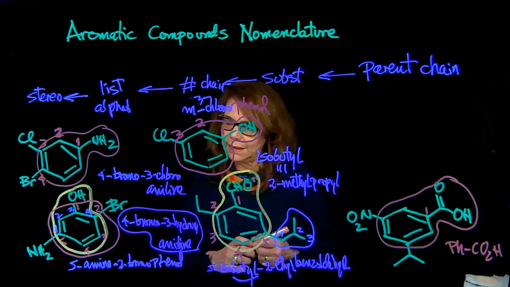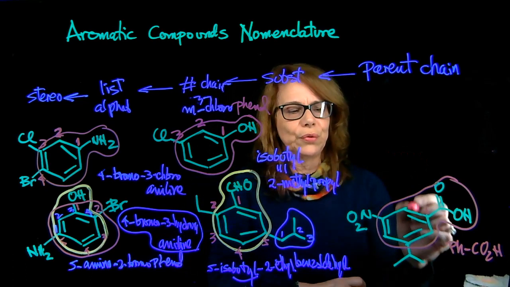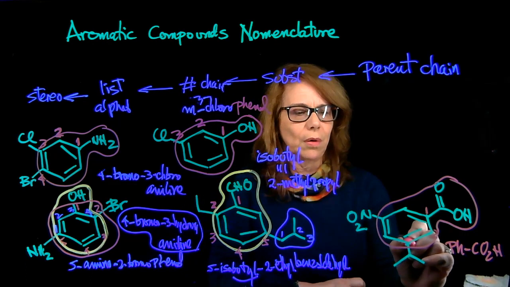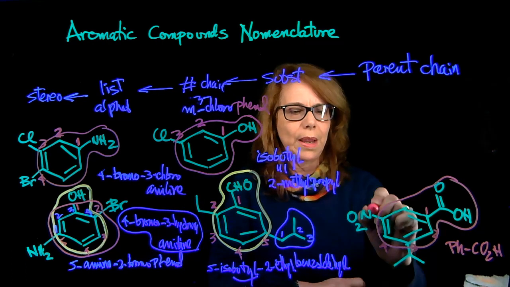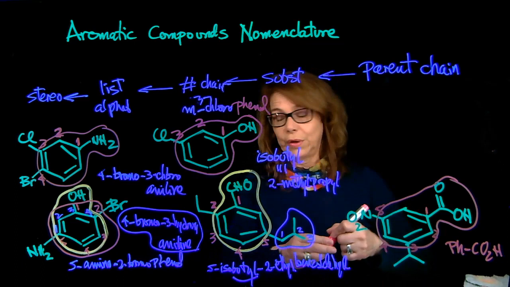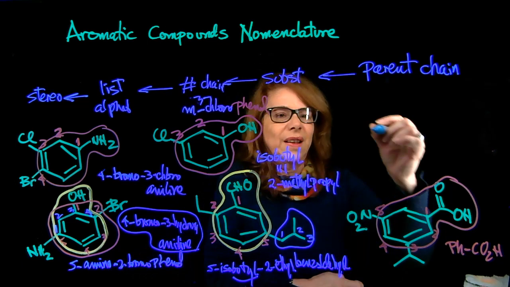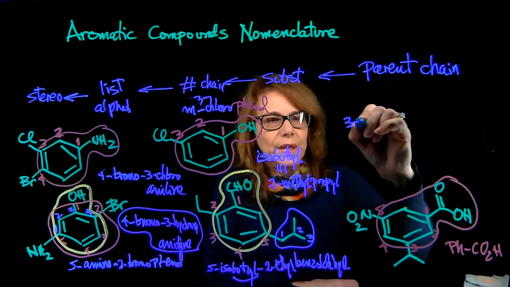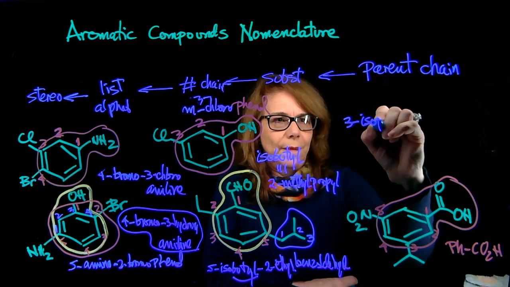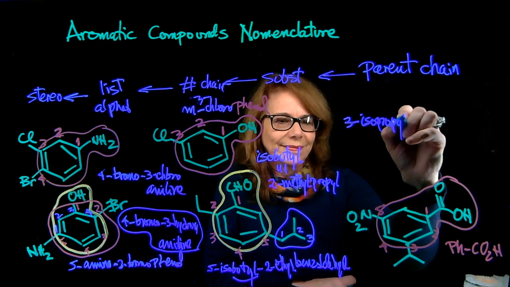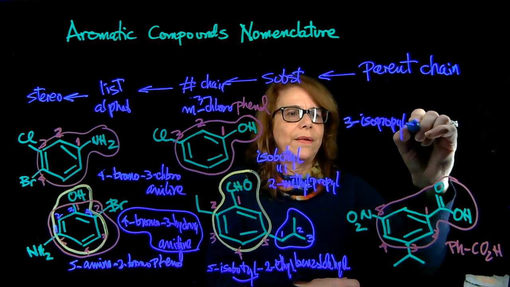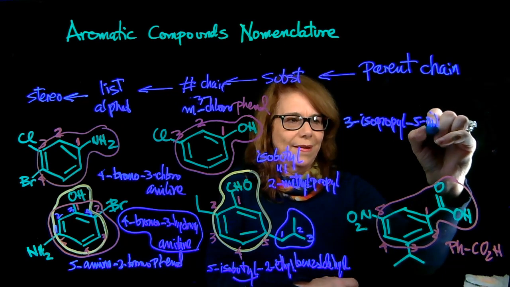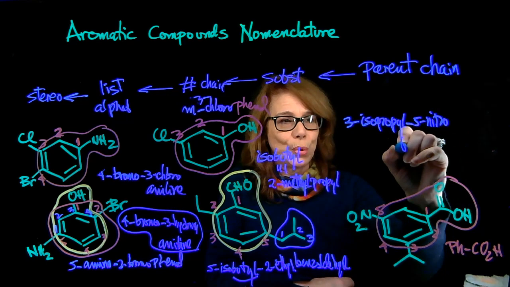If you do that, you will get 3, 4, and 5. So we're going to name that 3-isopropyl-5-nitrobenzoic acid.